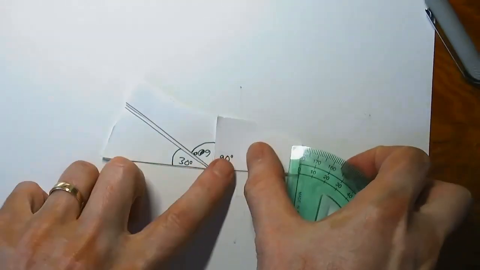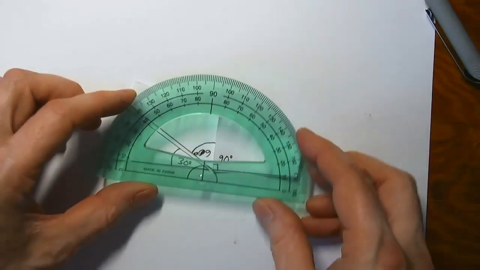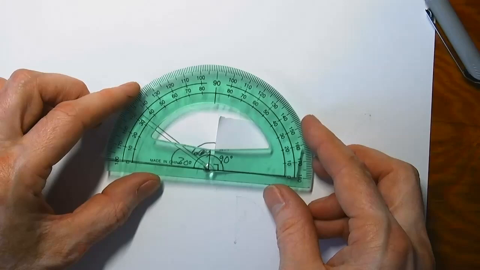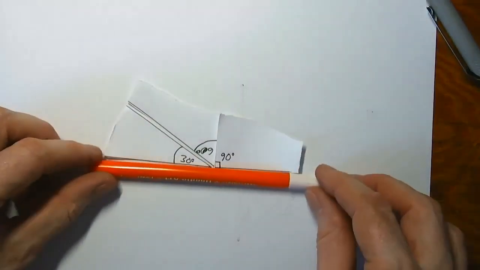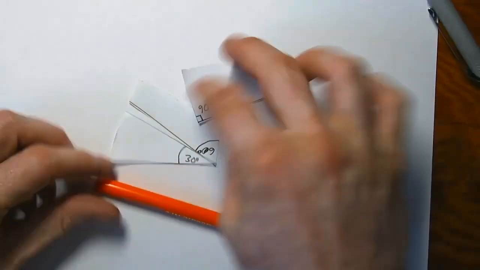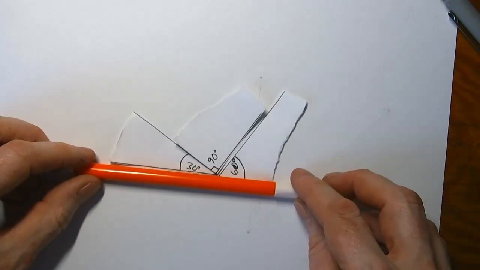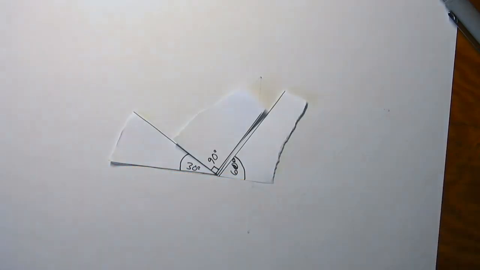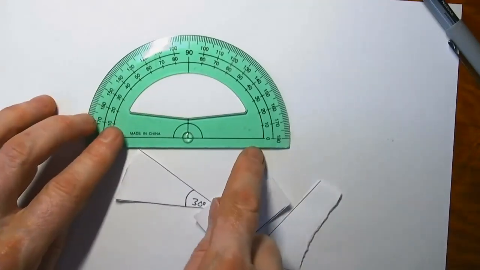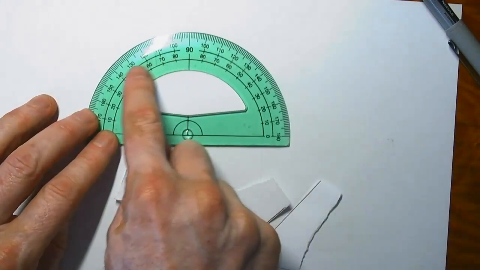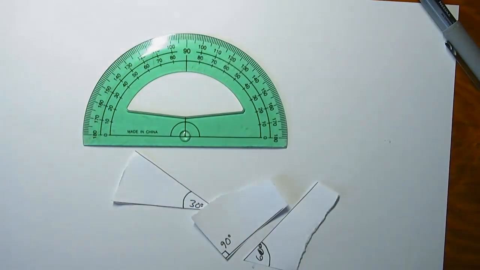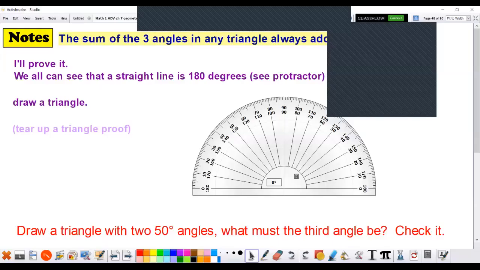Any line is 180 degrees. So if you want to switch them around, you can. However you do it, the 3 angles will always make a straight line. And what's a straight line? Remember, all the way across is 180 degrees, a straight line.